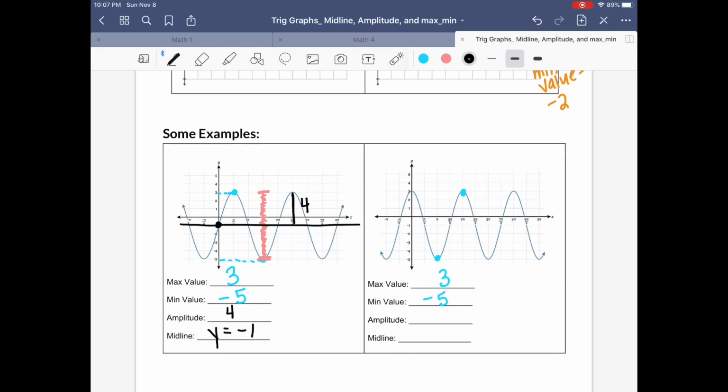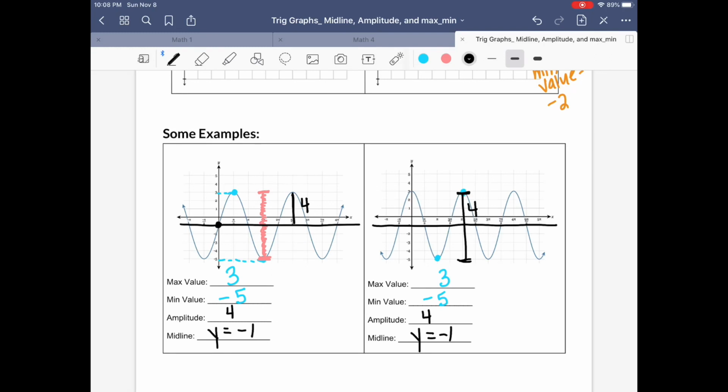So between the two, we still have 8 units. So from here to here, that's 8 units. So we're going to go to 4. So our midline is still going to be y equals -1. So therefore my amplitude is also going to be 4 units.